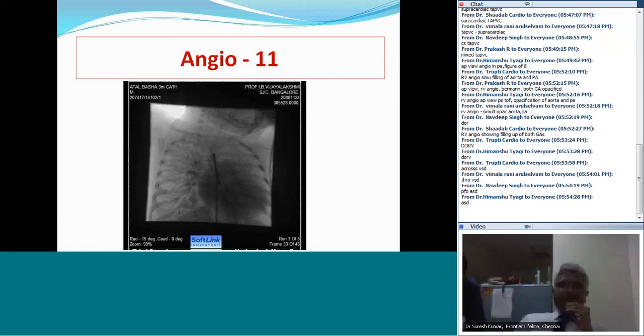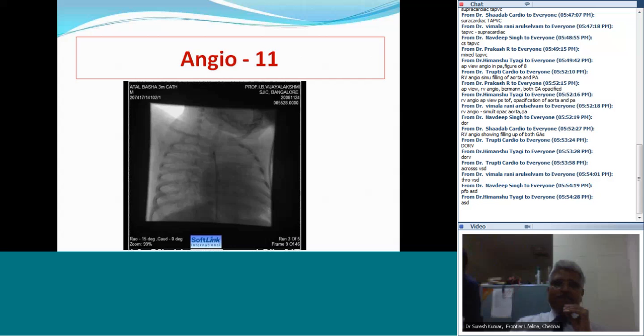Am I to assume that nobody knows? Okay, fine. So it's called the JAG1 mutation. I think it is quite widely known. But this is the mutation that is typically the problem in Alagille syndrome.